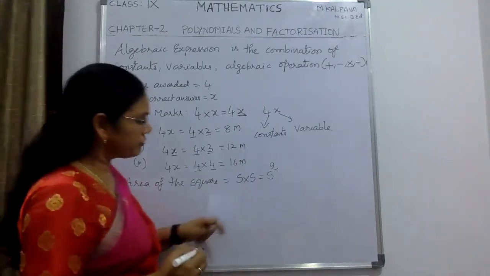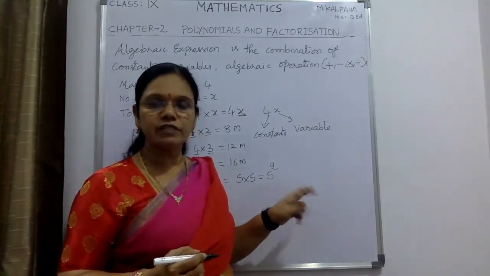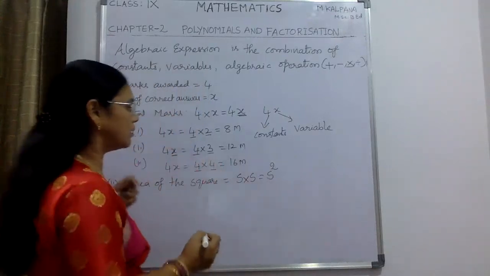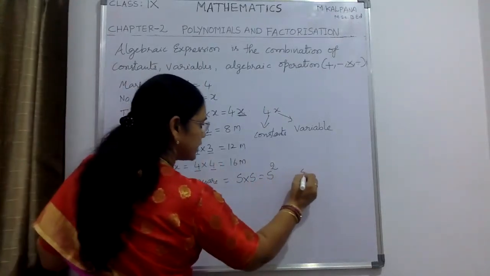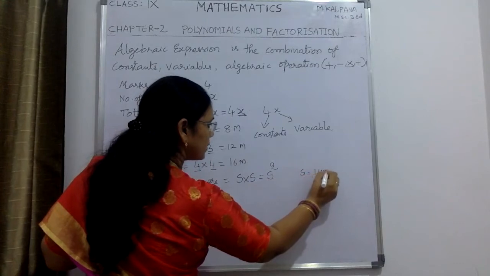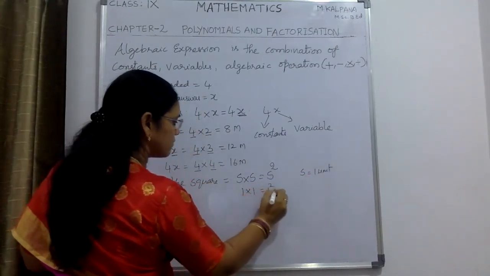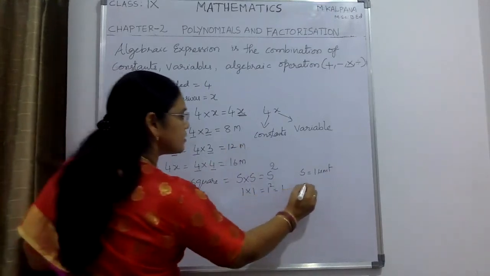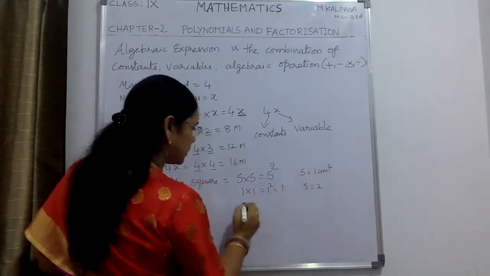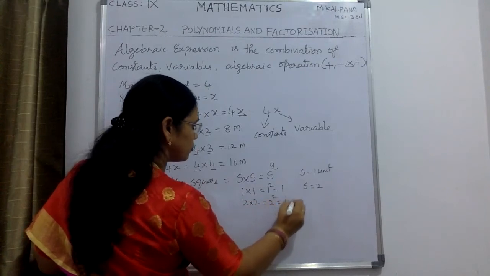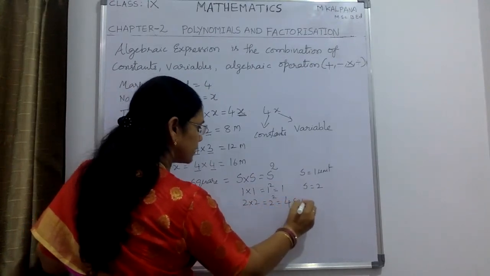If in your square the side is 1 unit, then the area will become 1 into 1. What happens, children? That is 1 into 1, 1 square is 1 only. If S is equal to 2 units, what happens? 2 into 2, that is 2 square, that is 4 square units, isn't it?